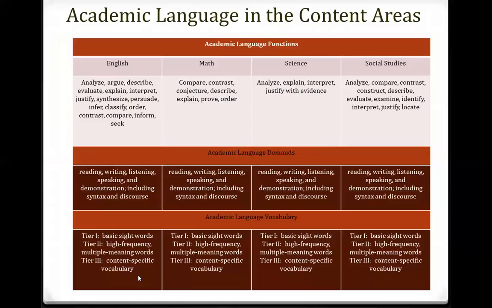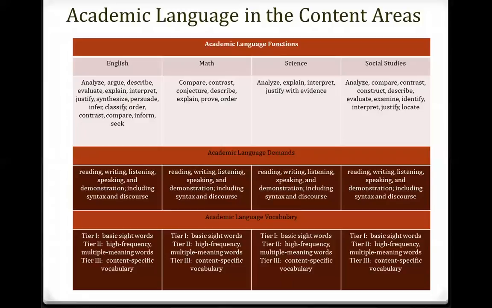So what does academic language look like in the content areas? Well, if I talk about the academic language functions in English, math, science, and social studies, you'll see that there are some crossovers. For example, the word analyze appears in all three of those categories, but not in math.